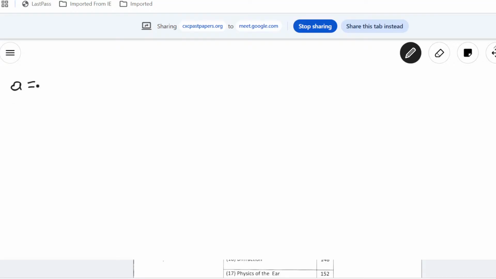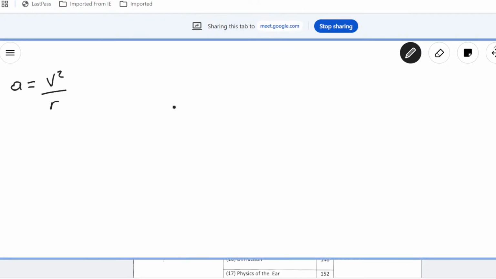So our velocity is 80 over our r, which is meters. No, no, that was the r. So the acceleration is 64.